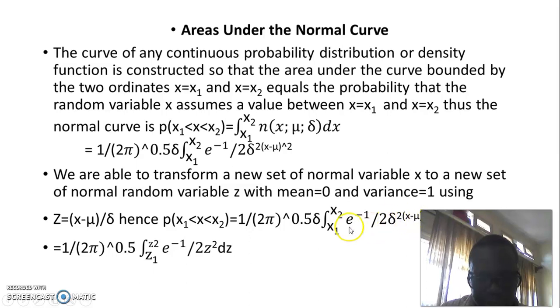If you substitute for z in the normal distribution function, for computing the probability between x1 and x2, you get 1 over 2 pi raised to power 0.5, then you integrate between z1 and z2 e to power negative a half z squared, integrated with respect to z.